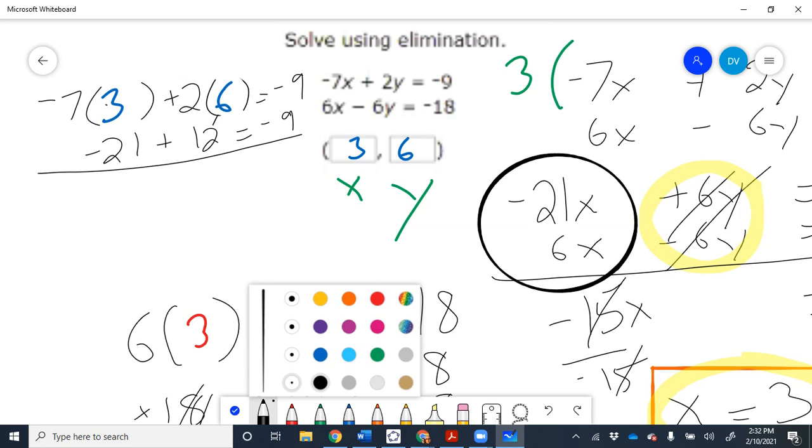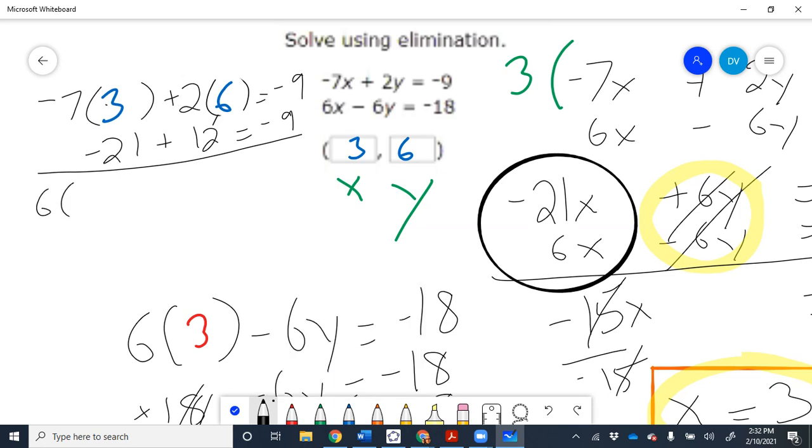Let's do the second equation. This one's going to be 6 times x minus 6 times y is equal to negative 18. Once again, I'm going to erase the x and the y and replace them with a 3 and a 6. Isn't 6 times 3, 18? And negative 6 times 6 is negative 36.